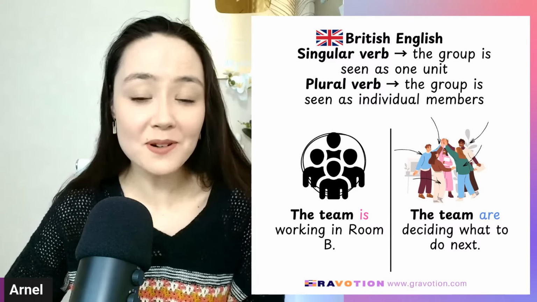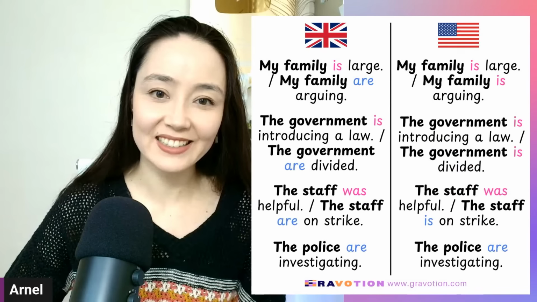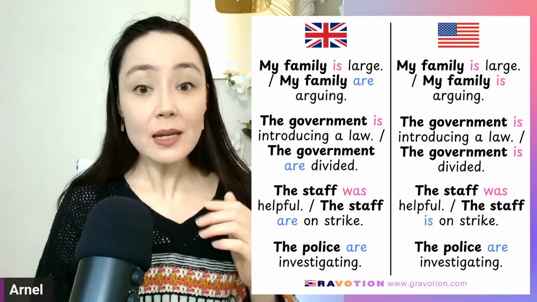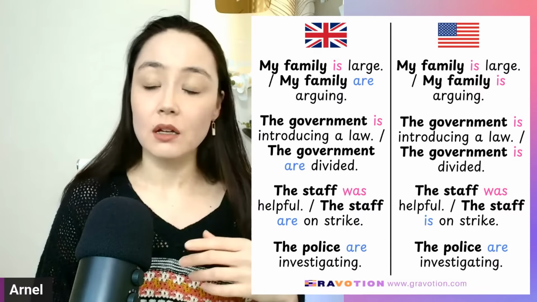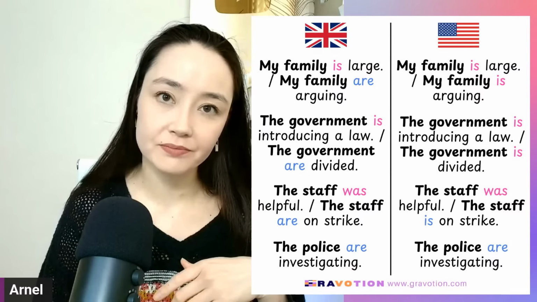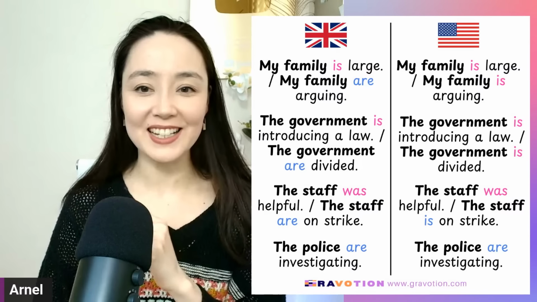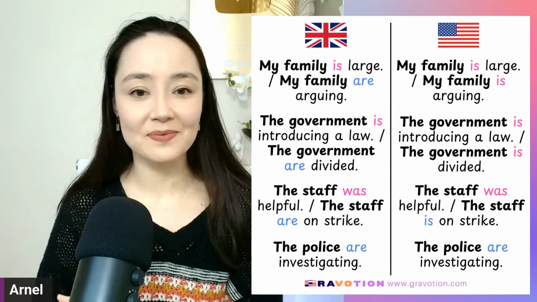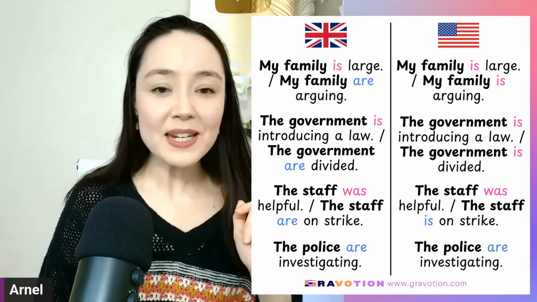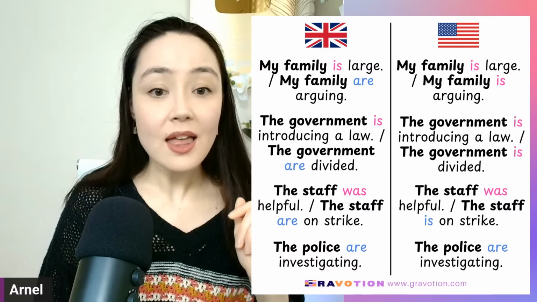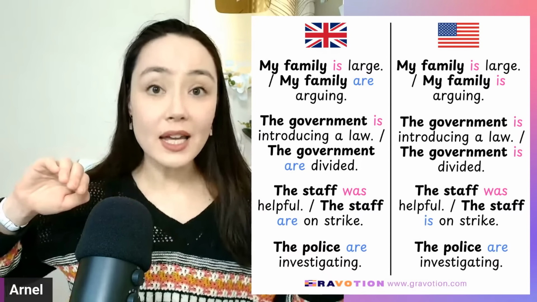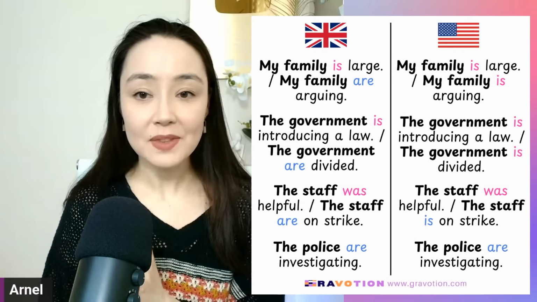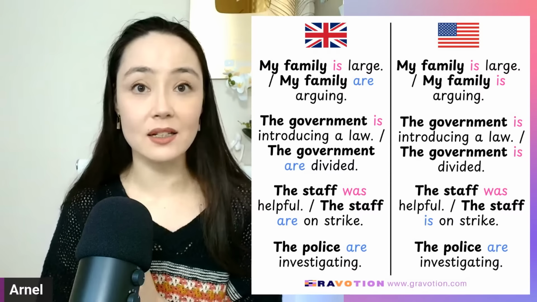Let's compare some more. British English. My family is large. My family are arguing. American English. My family is large. My family is arguing. British. The government is introducing a law. The government are divided. American. The government is introducing a law. The government is divided.